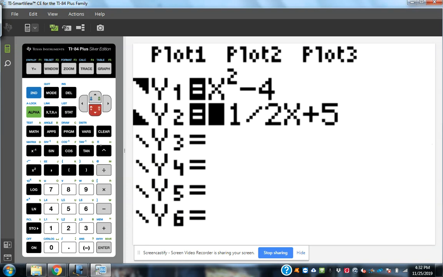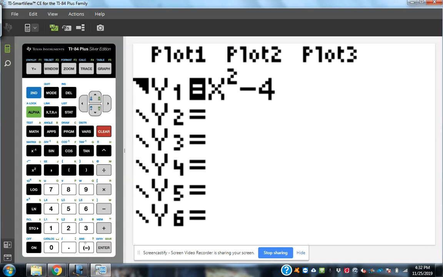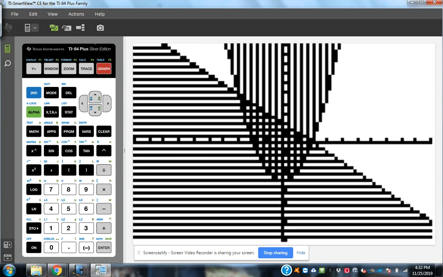And then I'm going to go to the next one, and it was negative 1x plus 2, and it was a less than symbol. So I'm going to change that to the lower triangle and hit graph. And there we see roughly the same picture that we drew by hand.